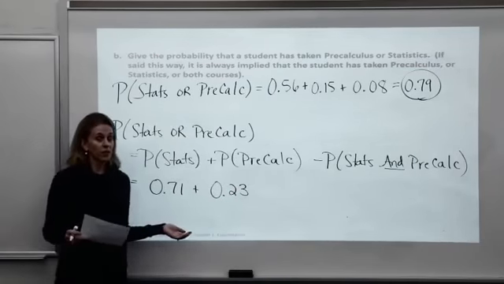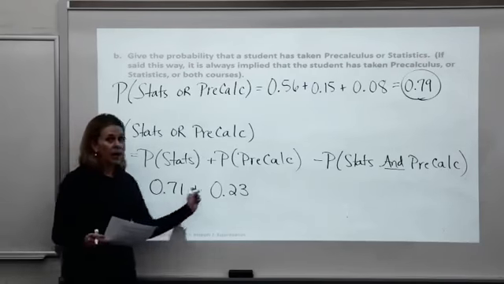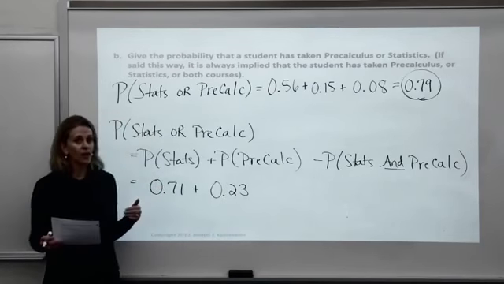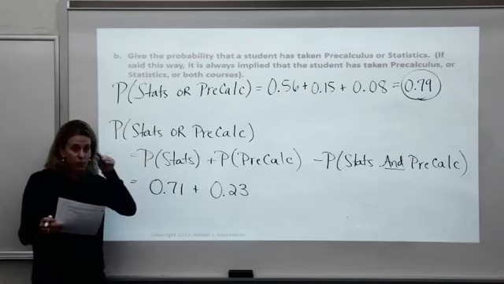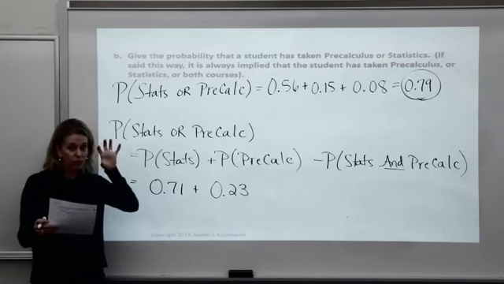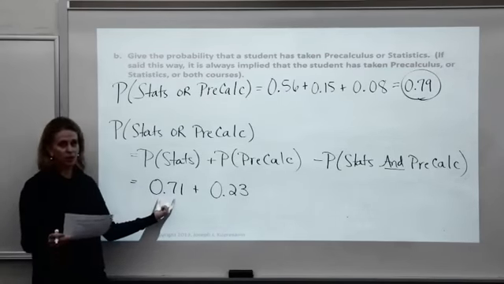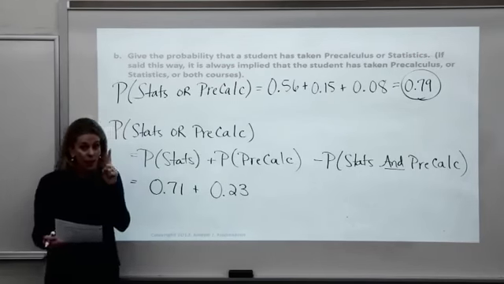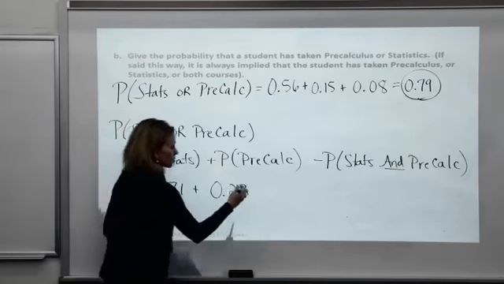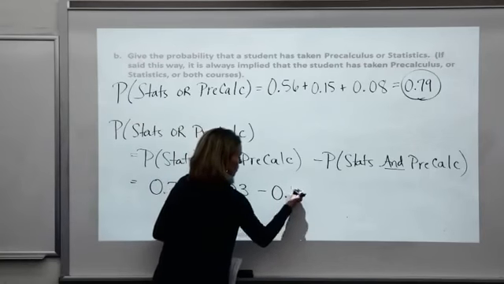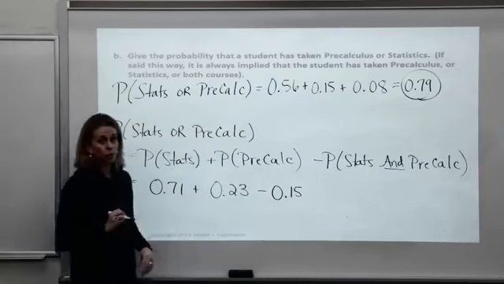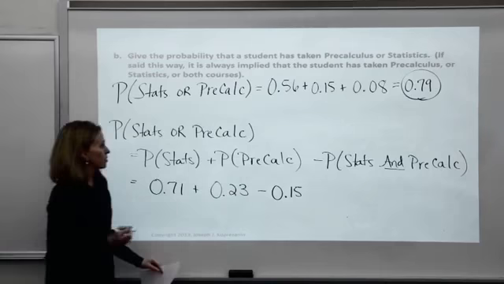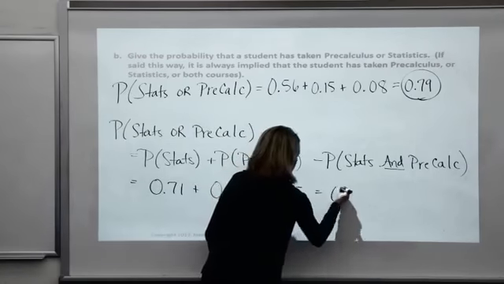And if you look at your Venn diagram, we can't simply add those two, because if you add those two, the 15% of the students that took both, that 15% in the middle, they get counted here, and they get counted again here. And we only want to count them one time, so we're going to subtract off the 15% of students that took both courses. And when you do that, we'll end up with the same answer.